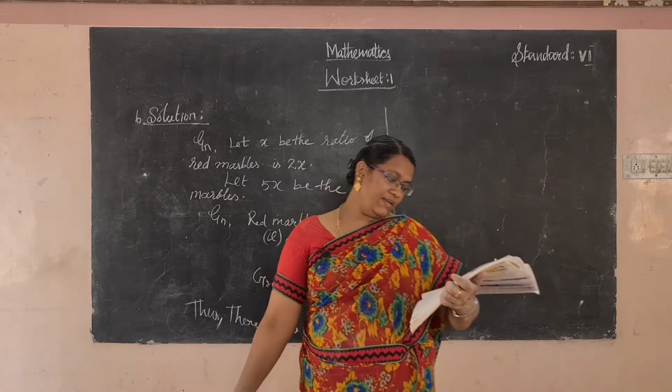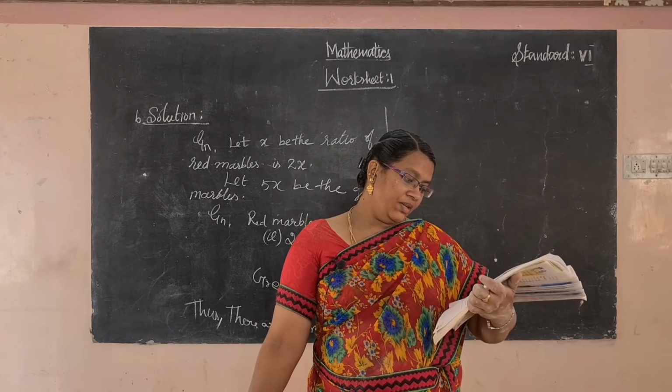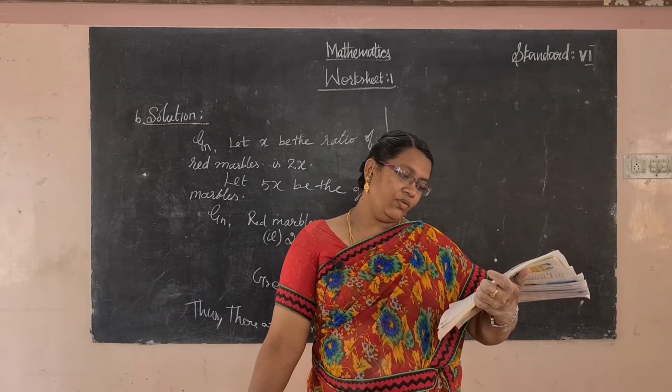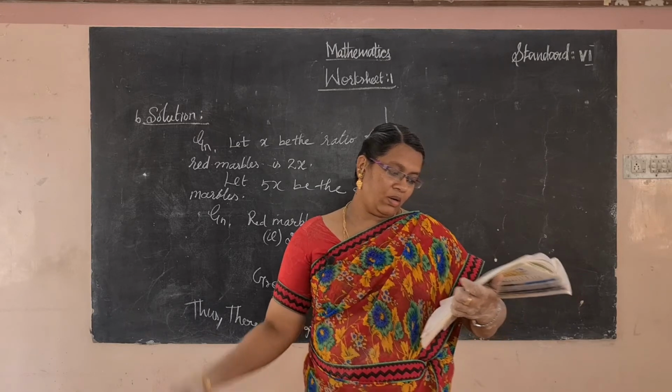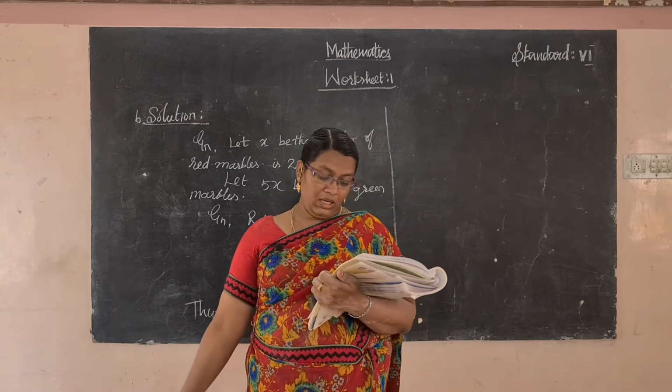And the next one, 7th problem. Divide rupees 2100 between Shruti and Monali in the ratio 4:3. So one amount is there, and we have to divide it in the ratio 4:3.